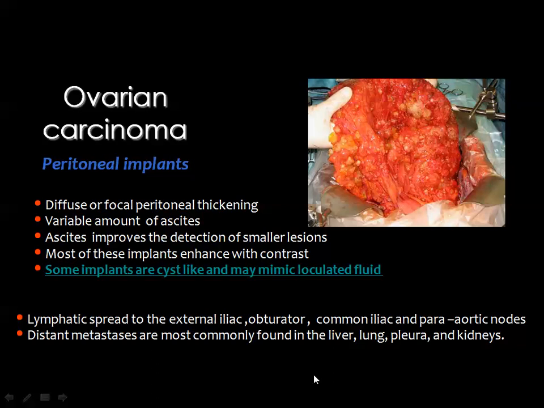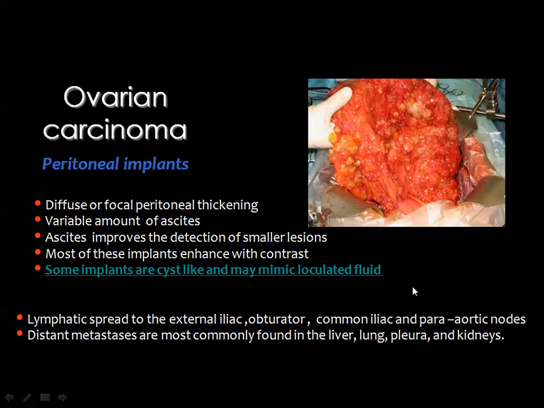And you know that the ovarian tumors are one of the commonest lesions that can spread through the peritoneum by metastatic deposits, and this will lead to diffuse or focal peritoneal thickening, and of course, ascites is usually present.